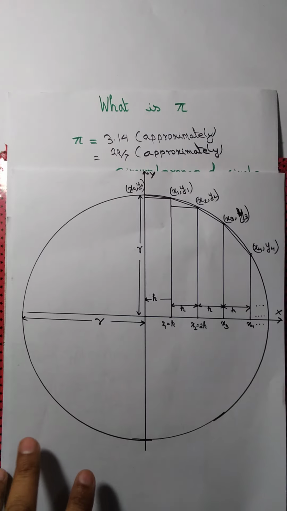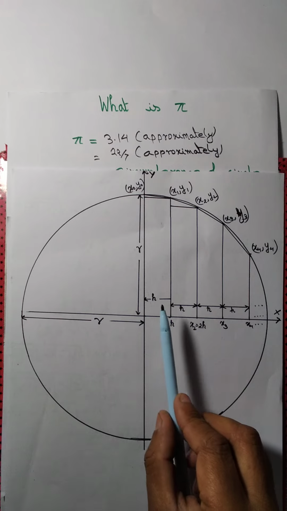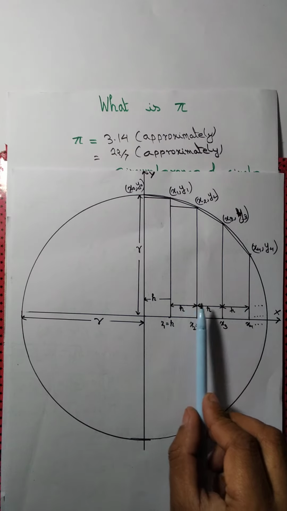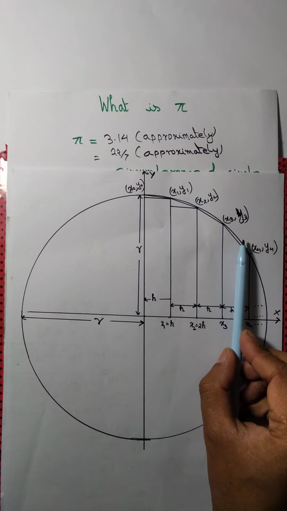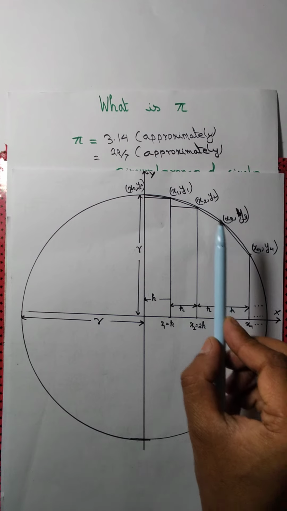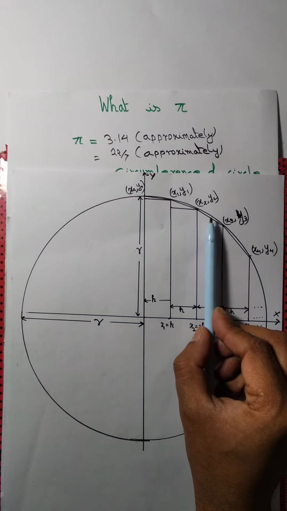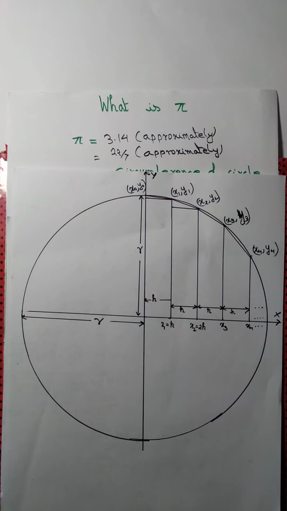However, if we draw this kind of figure whereby we are dividing the radius into a large number of different edges, then we observe that the length of the line segment is much closer to the length of the arc.